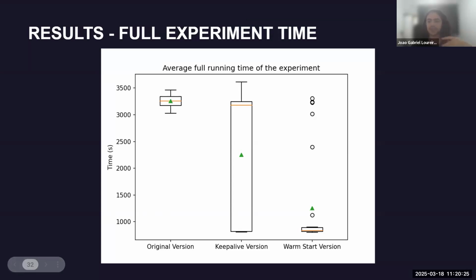The keep alive version has a lot of variance, but it still ended a little bit better than the original, which was mainly concentrated at about 1 hour for each run of the experiment. And we see that there are no outliers. So the original never is fast, like 15, 20 minutes, while warm start is mainly around this time.